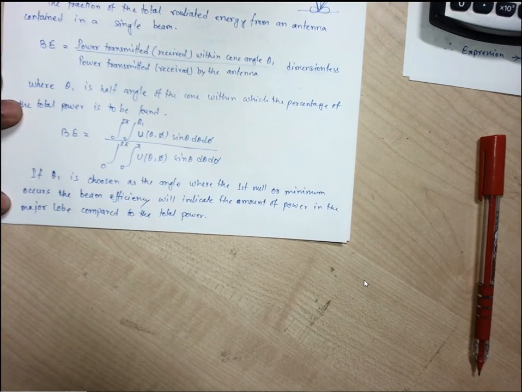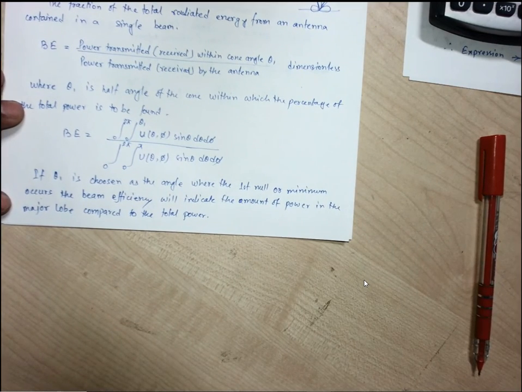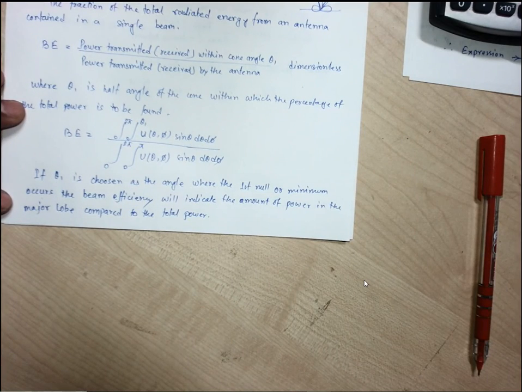Fine. So if this theta 1 is considered for the first null, then we can say that we have considered the major lobe.